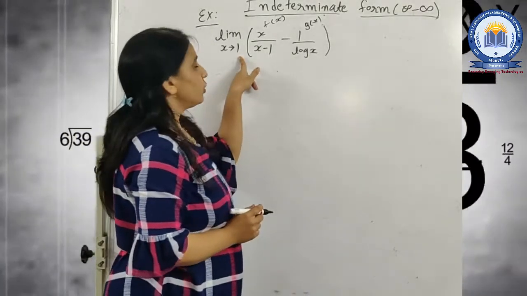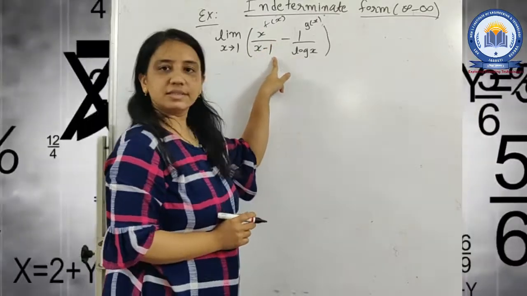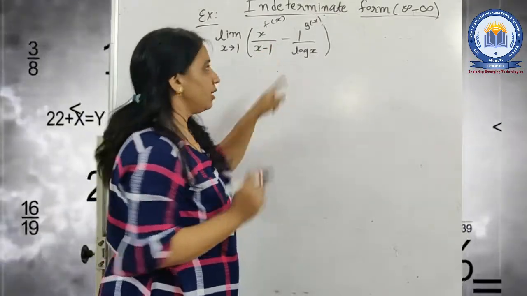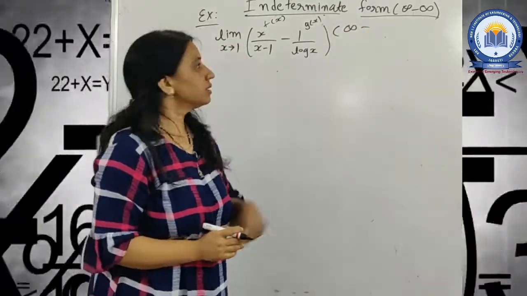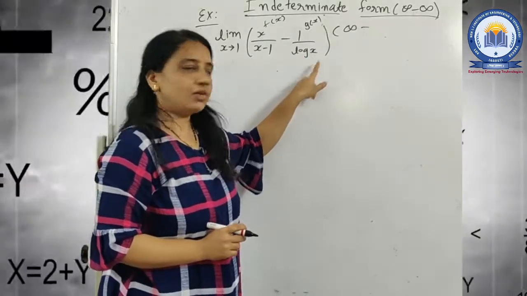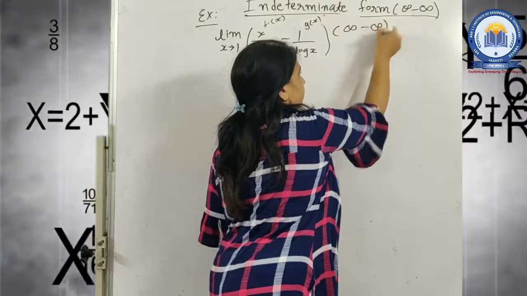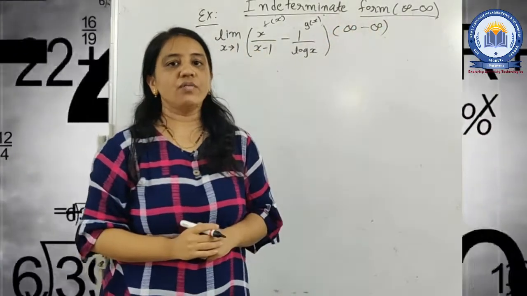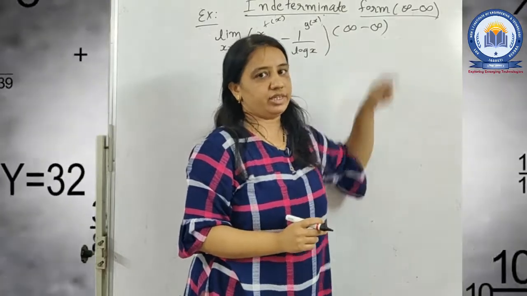So x equal to 1: 1 upon 1 minus 1, so 1 upon 0, that becomes infinity. Minus 1 upon log 1. Log 1 is 0, so again we get infinity.